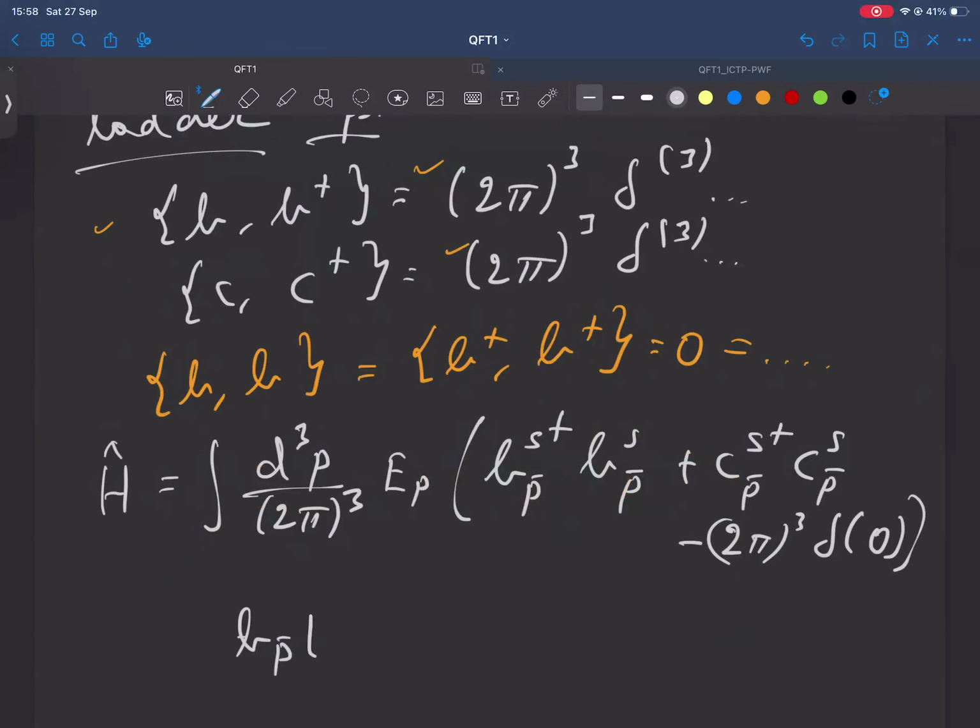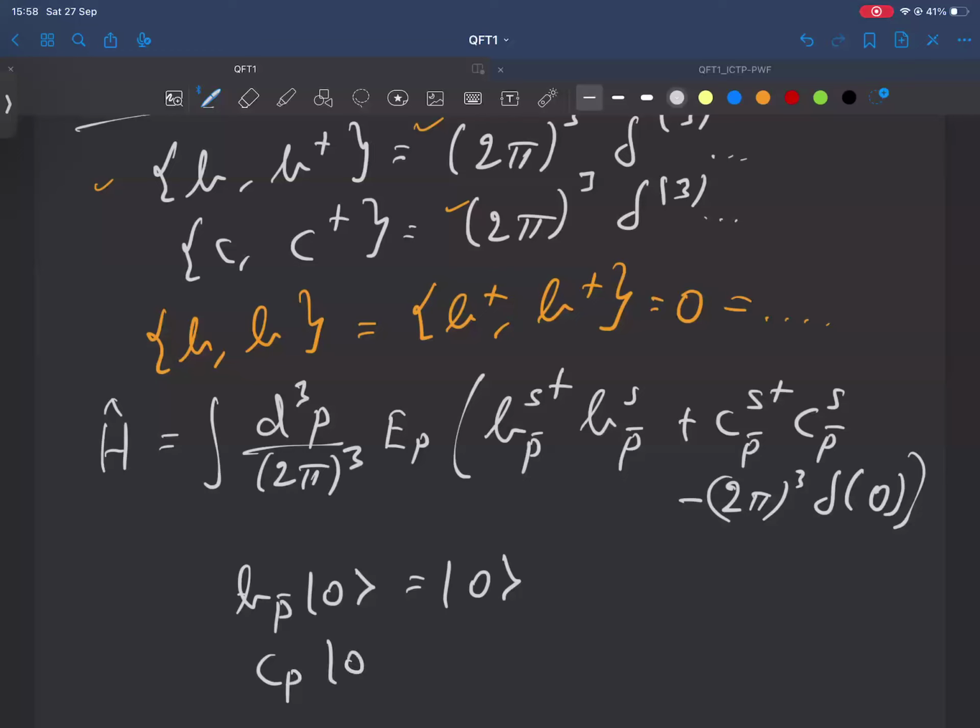Now these non-daggers are annihilation operators, in the sense that they define the vacuum. They annihilate the vacuum. And so this is what will be a definition of a vacuum.